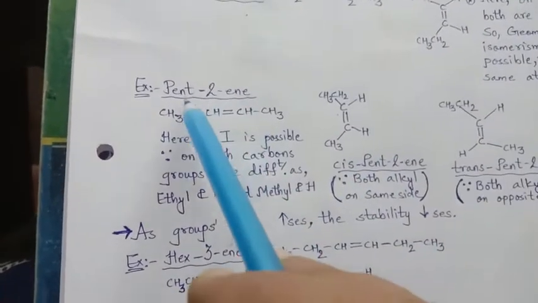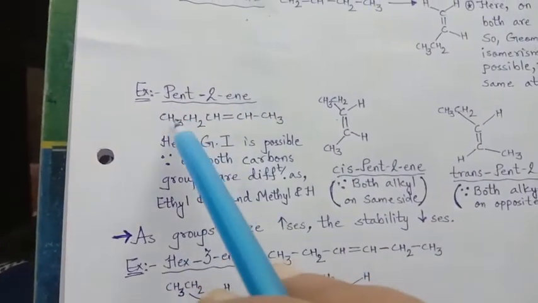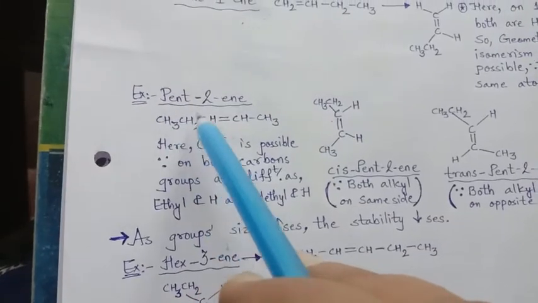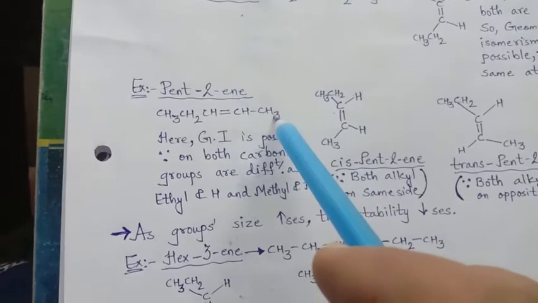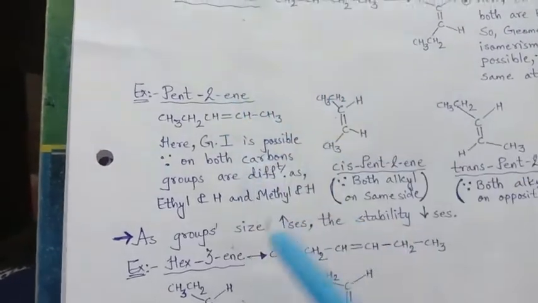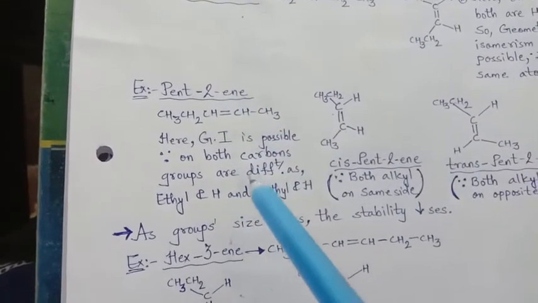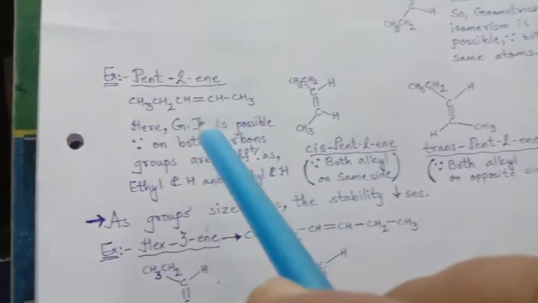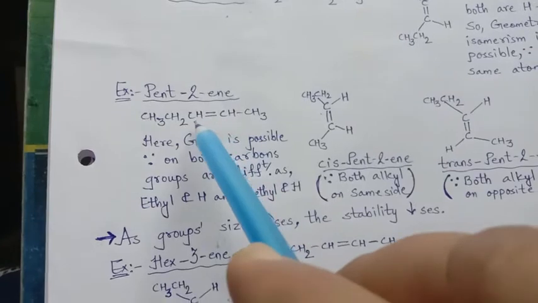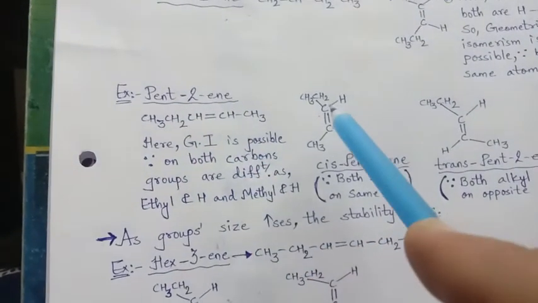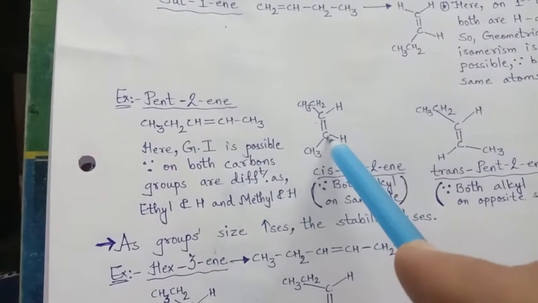Right? Let us see one more example. Pent-2-ene. So our straight chain will be CH3, CH2, CH, double bond, CH, CH3. So if I start from here, the first and second carbon double bond is there. Now what is here? Let us see. CH3, so first take these two carbons, C double bond C, right?